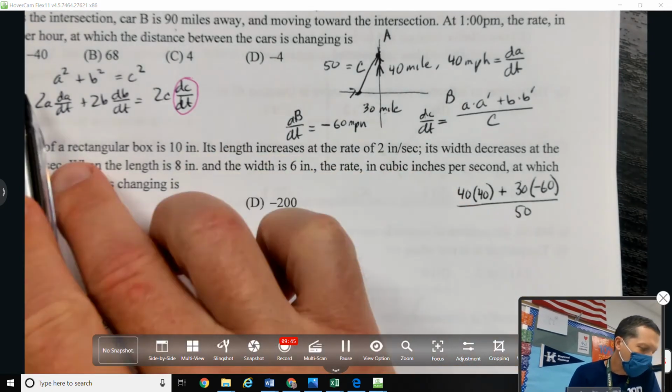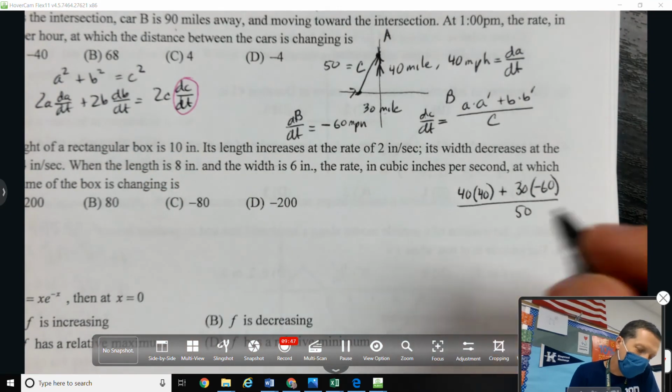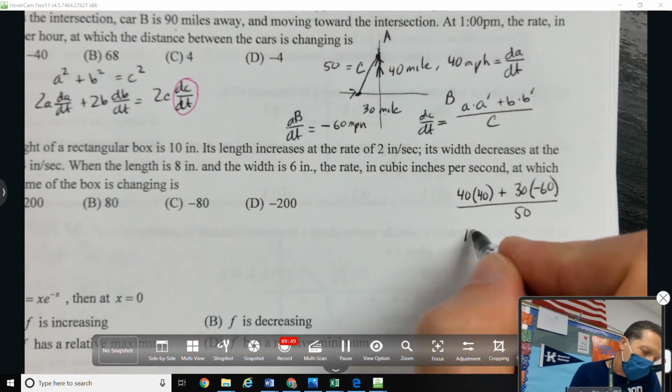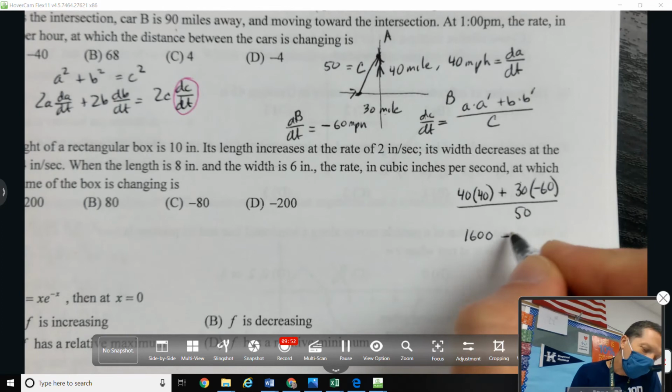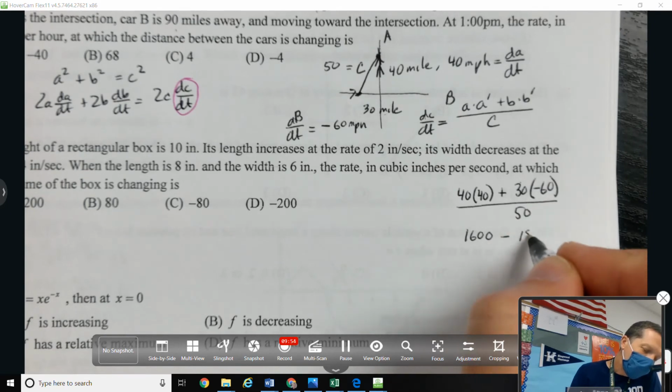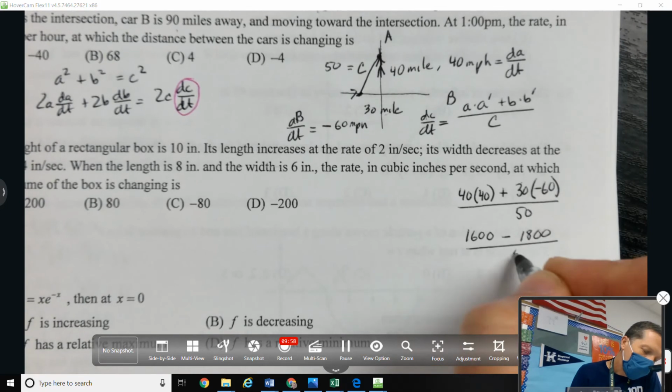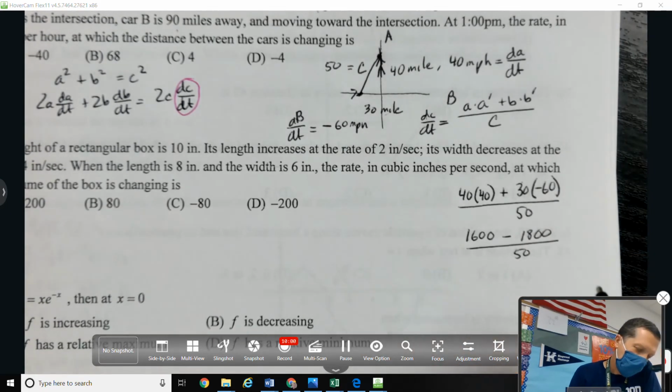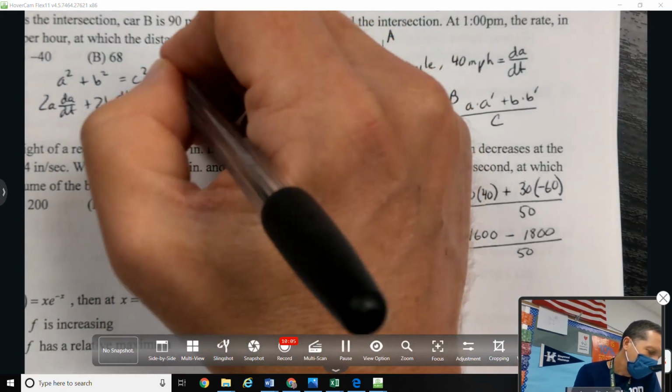Well, look at my answer choices. Surely I can get it narrowed down to those. Take a 0. 1600 minus 1800. Looks like it's 8. So it's definitely negative.